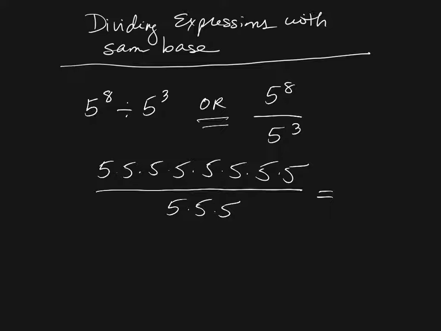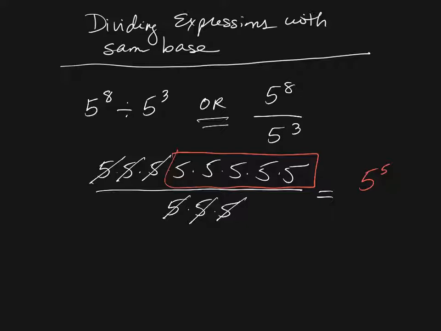And as you know, when you have common factors in the numerator and denominator, they can cancel out, right? You divide by 5 in the numerator and 5 in the denominator, 5 in the numerator and 5 in the denominator, 5 in the numerator and 5 in the denominator. So what we have left is 5 5's in the numerator. So we have 5 to the 5th.